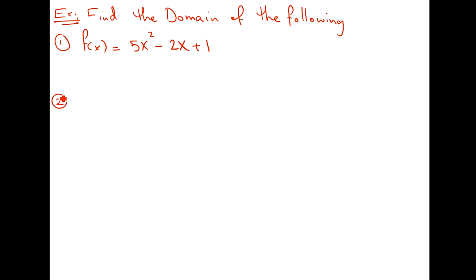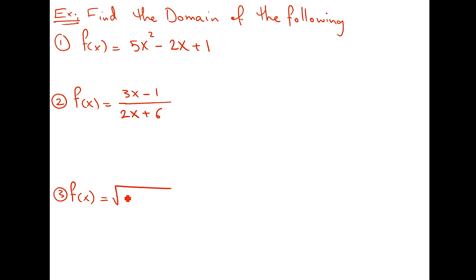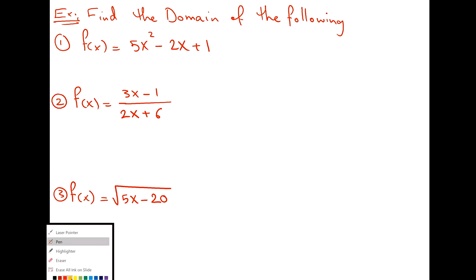Number 2, f of x equals (3x minus 1) over (2x plus 6). Number 3, f of x equals the radical of, for example, 5x minus 20, like this. Okay, and we need to find the domain.